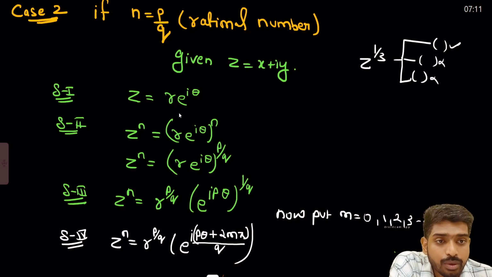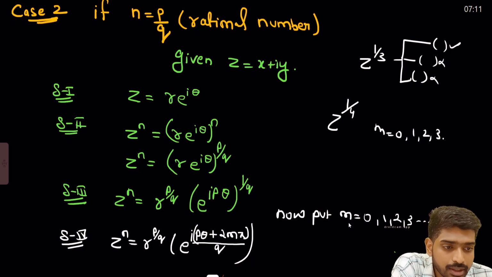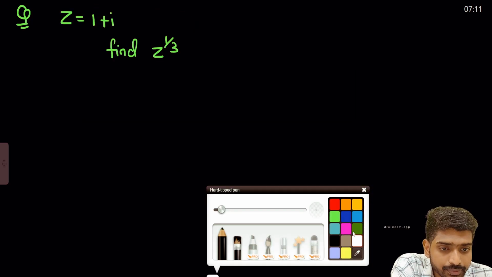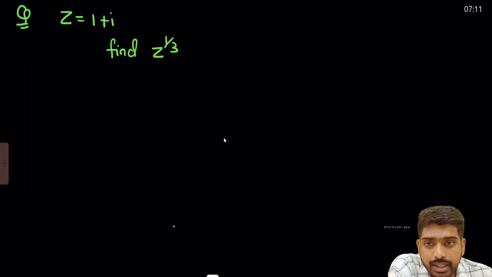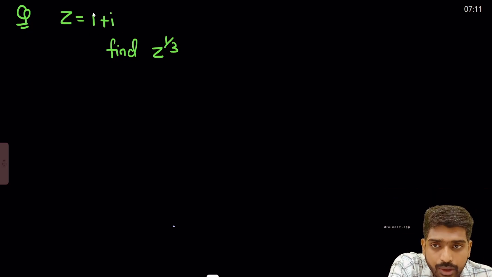Suppose the power is 1 by 4. Then m value we will keep 0, 1, 2 and 3 only, till q minus 1. Got it? Now we'll see this with 2, 3 examples to get more clarity. Suppose this example: they said that z is the complex number 1 plus iota.